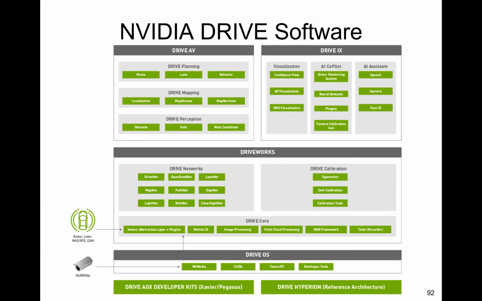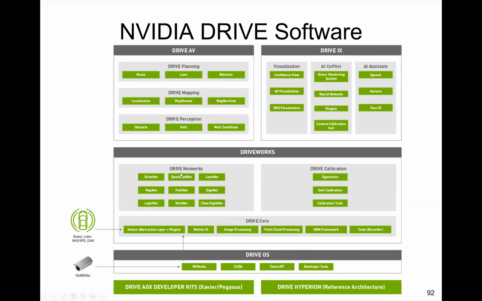So NVIDIA provides not just hardware, they also have a software framework called the NVIDIA Drive. The underlying hardware is their Xavier, Pegasus GPUs, and then they provide an operating system and DriveNetworks.